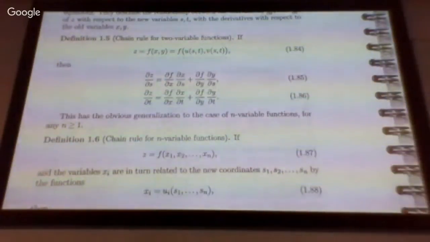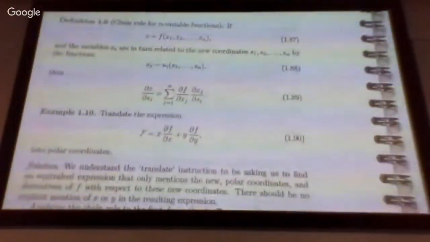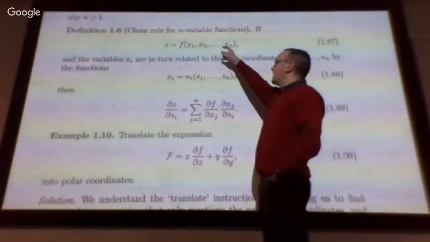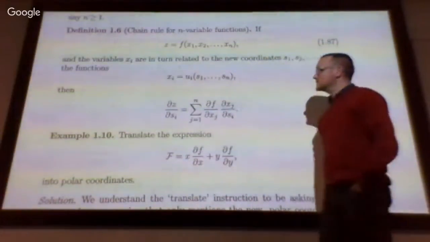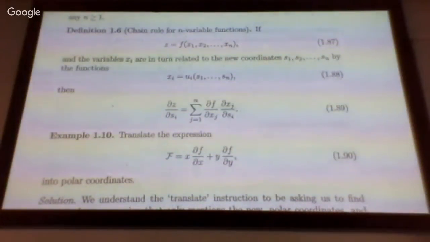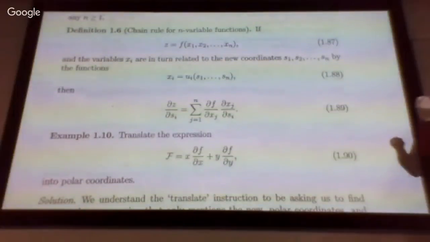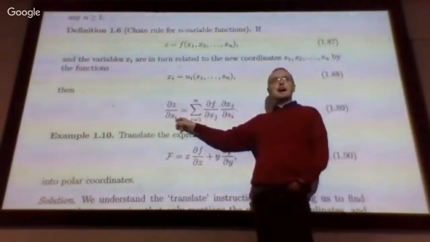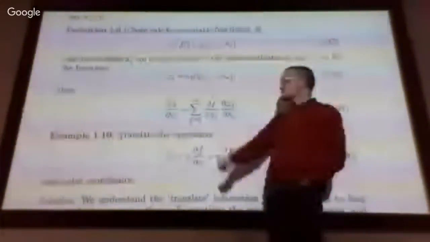They have the obvious generalization to more than two variables. In the system where you're based in Rn, you've got n coordinates, then you've got n different chain rule equations. Each one has this form, indexed by one of the new coordinates, si.